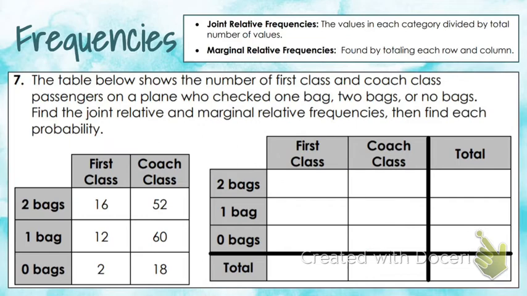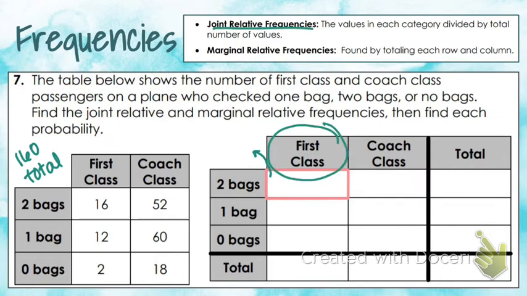So the first thing that we need to know is all of these added together. There are 160 total people, total passengers that they surveyed. So let's do this box first. We want to know the joint relative frequency of someone in first class with 2 bags.